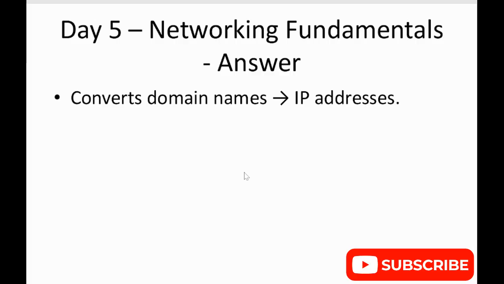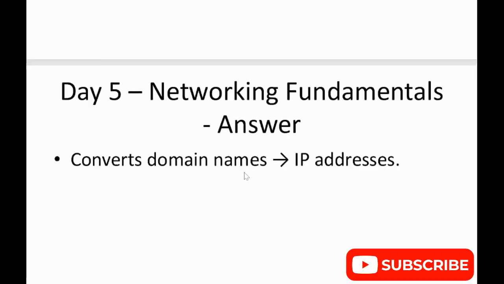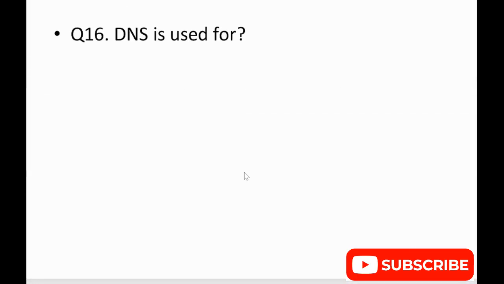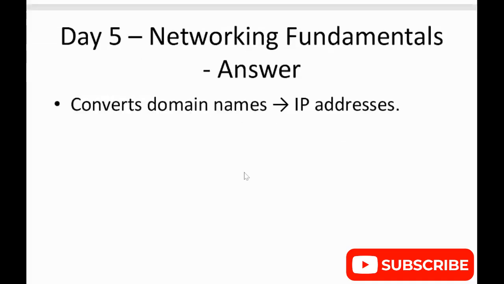So it converts the domain name into an IP address, like www.google.com. It's a domain, but the machine will not understand this. So first it will convert this into an IP address and then you will be able to go to that Google page. So this work is done by the DNS.